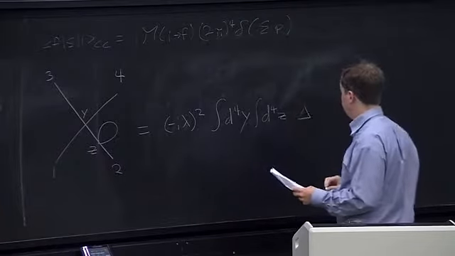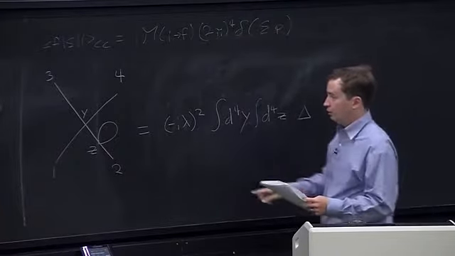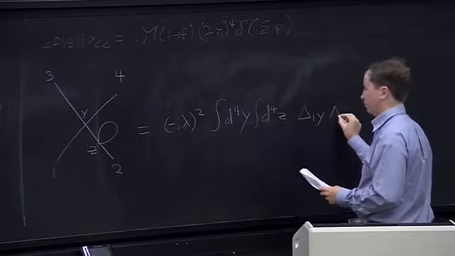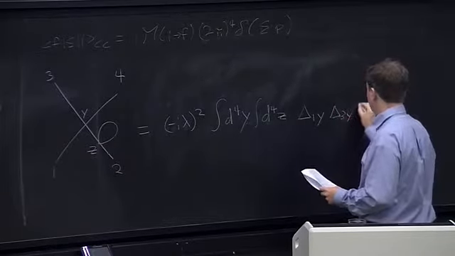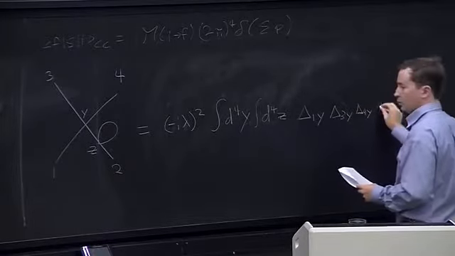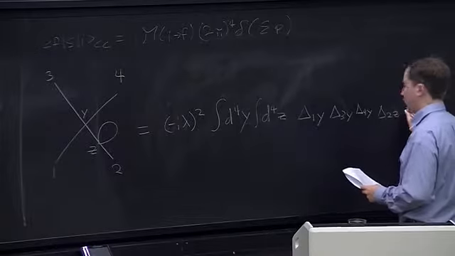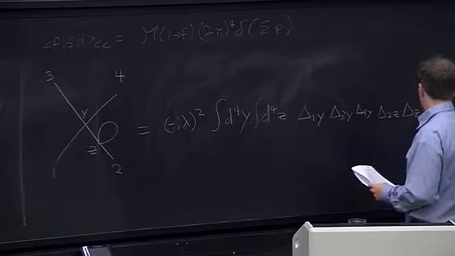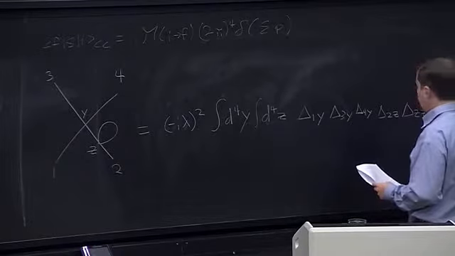Then we have Feynman propagators from 1 to y, from 3 to y, from 4 to y, from 2 to z, from z to z, and from y to z.